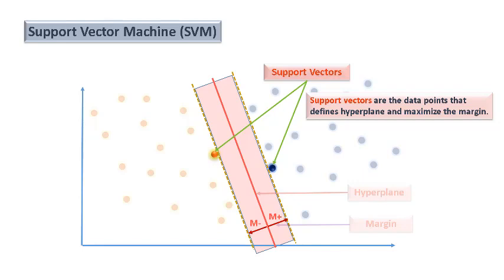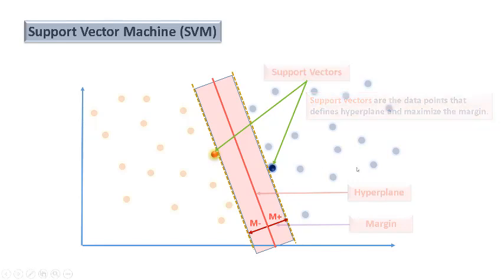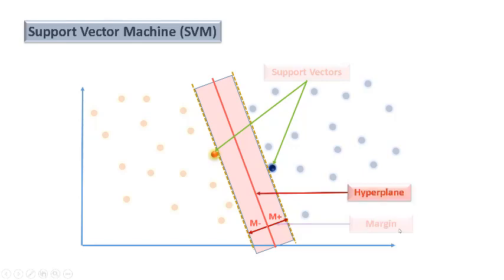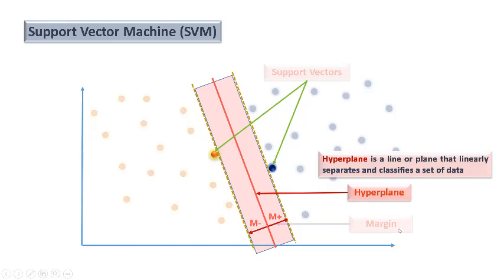The dotted lines we can call the positive hyperplane and the negative hyperplane. Another thing is that I'm going to go through the definition of margin. Margin is the distance from the decision surface to the closest data point, which determines the margin. And the hyperplane is the line or the plane that linearly separates a set of data into classes.